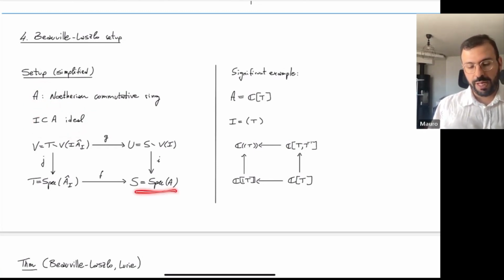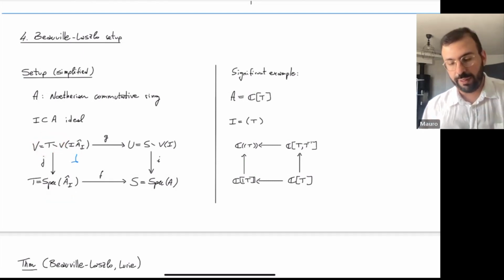So here I have spec A, S. Here I have the formal completion at the ideal. Here I have the open complementary of the zero locus of the ideal. And then I have the pullback, which is the complement of the induced ideal. I take a zero locus on the formal completion and I remove it.